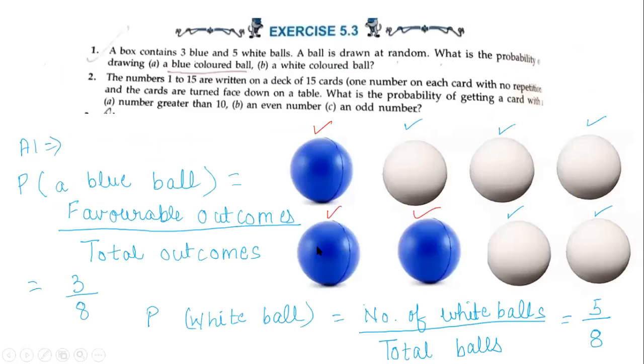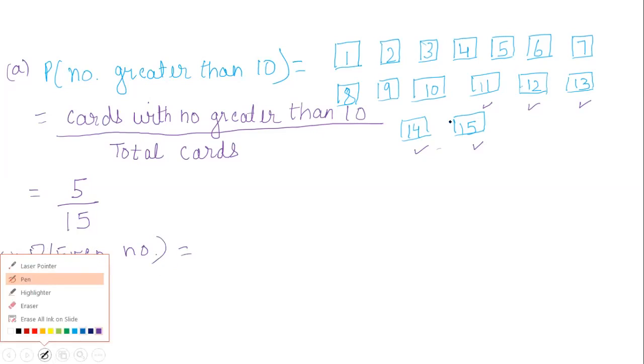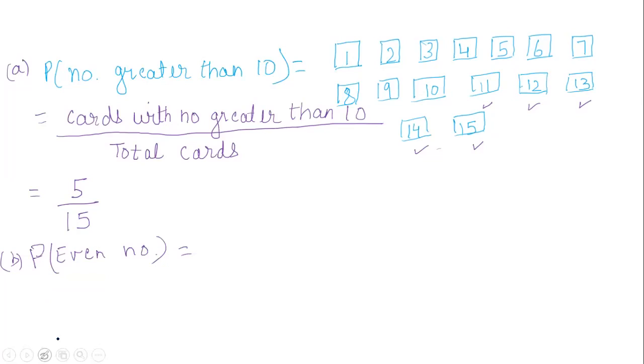What about the second part? An even number, and after that we have to find an odd number. This is your A part, this is the B part. Probability of an even number card. What is the probability of an even number? See, which are the even numbers?